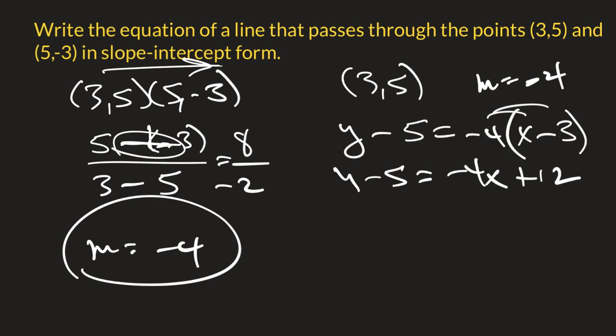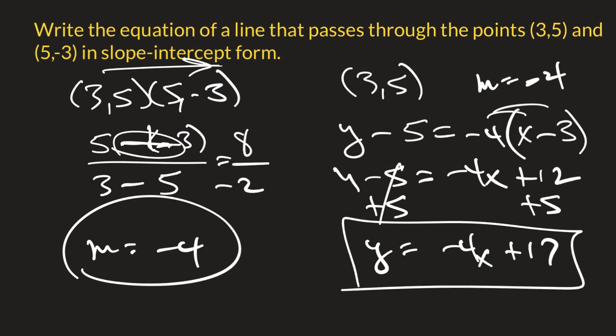What's the last number moving? How? Add 5. That's right. Isolate that y. Y equals negative 4x plus 17. Good. There you go. Slope-intercept form.